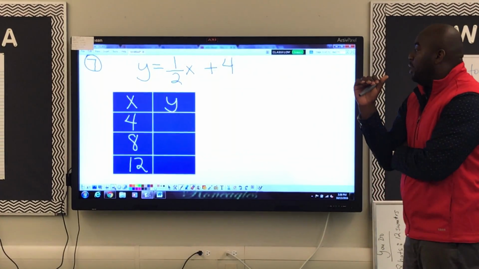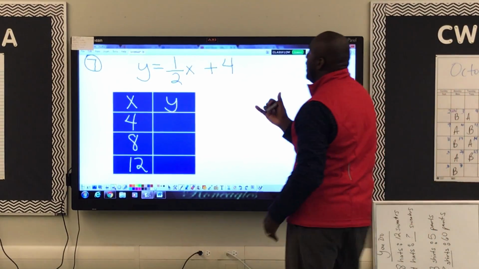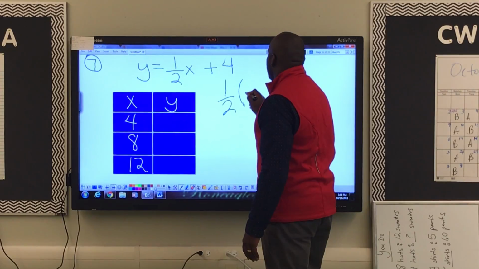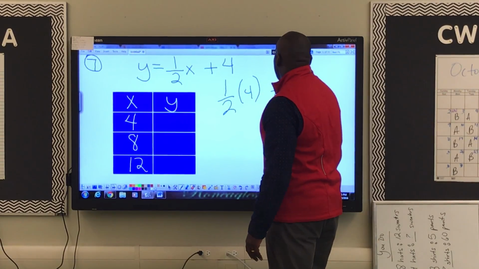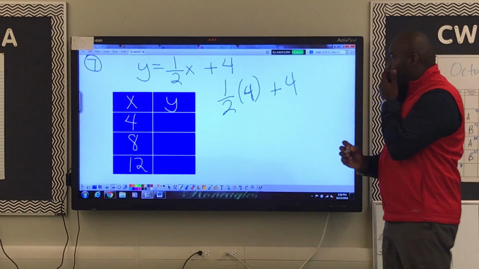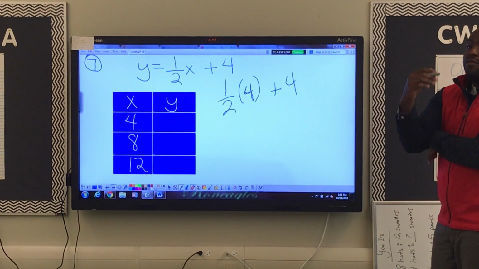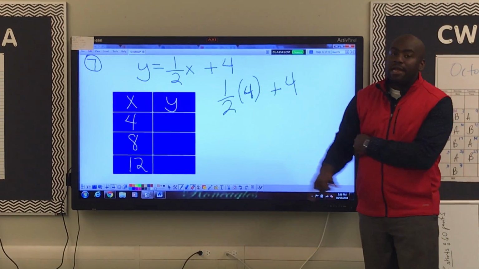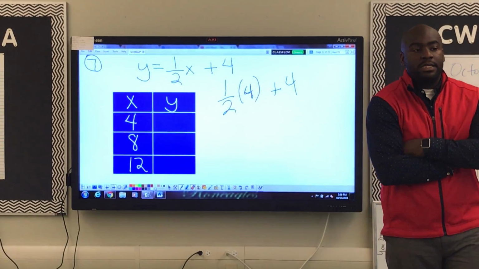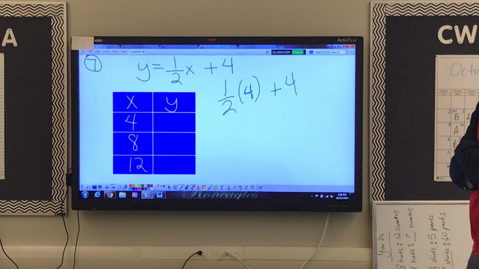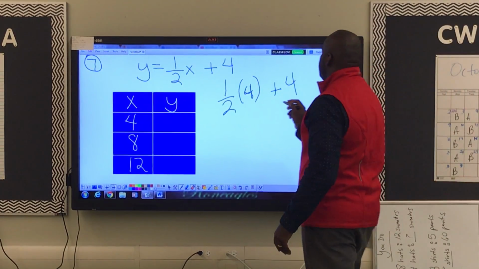I'm going to demonstrate with the first one when x is 4. So when x is 4, we're going to multiply to figure out what y is. But we have an issue. 4 is not a fraction. How can we make it a fraction? By putting a line under it.